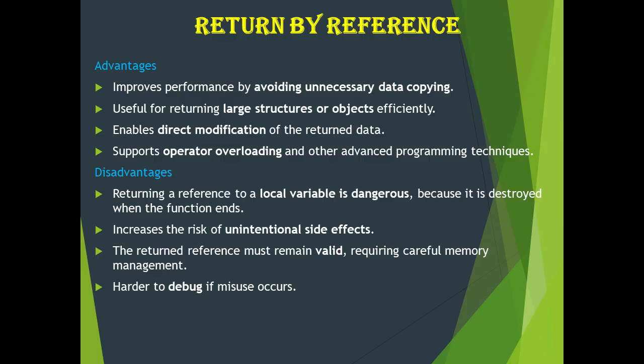The disadvantages: returning a reference to a local variable is dangerous because it is destroyed when the function ends. It increases the risk of unintentional side effects. The returned reference must remain valid, requiring careful memory management. And it is harder to debug if misuse occurs.